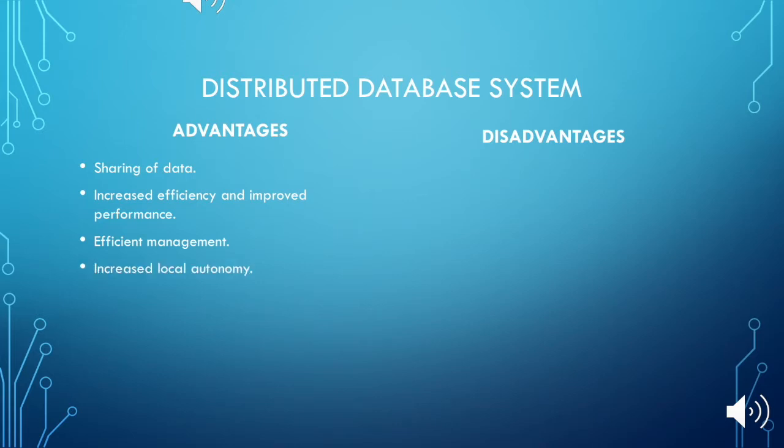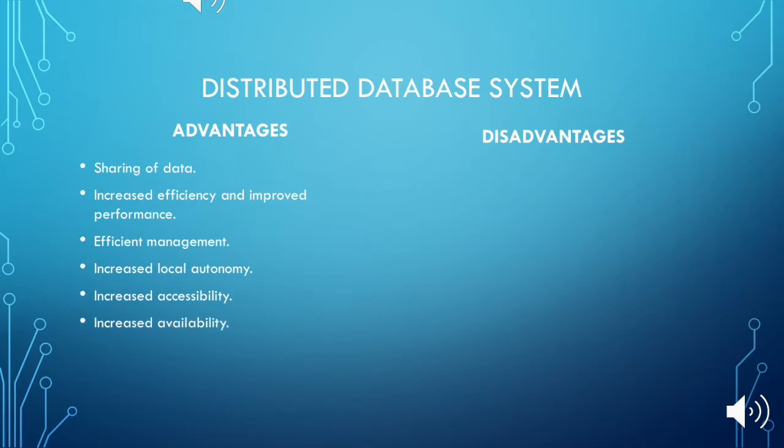Increased local autonomy, where each site is able to retain a degree of control over data that are stored locally. Increased accessibility, by allowing access to data between several sites, for example, accessing an account of New Delhi from sitting at New York and vice versa, via communication network.